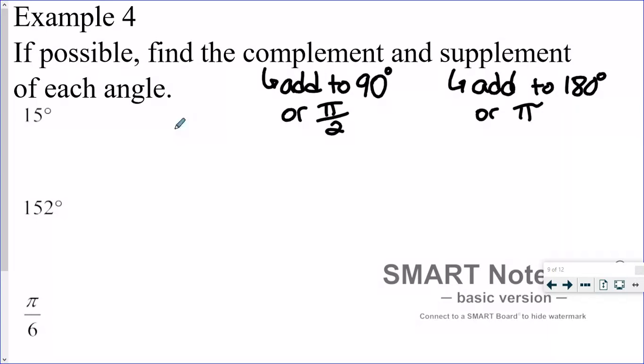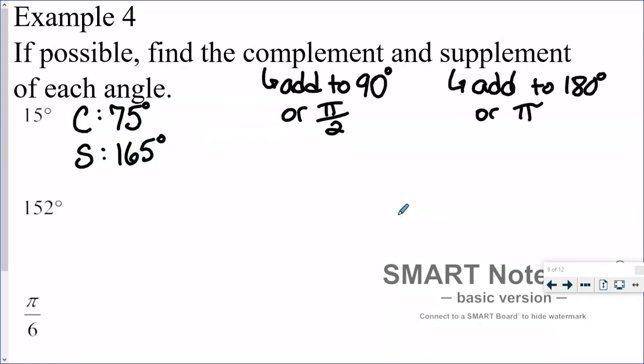So here for 15 degrees, the complement, well, 15 plus 75 would add to 90. And then 165. Super easy.